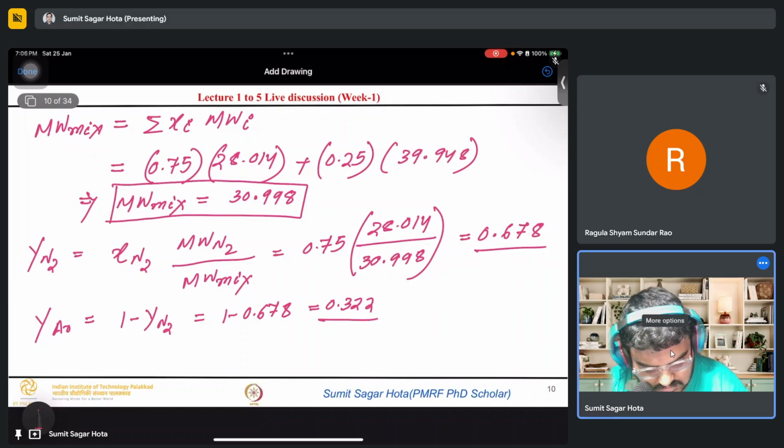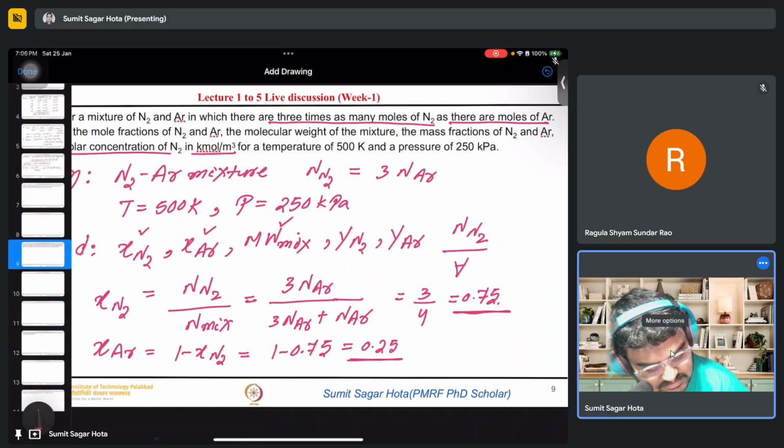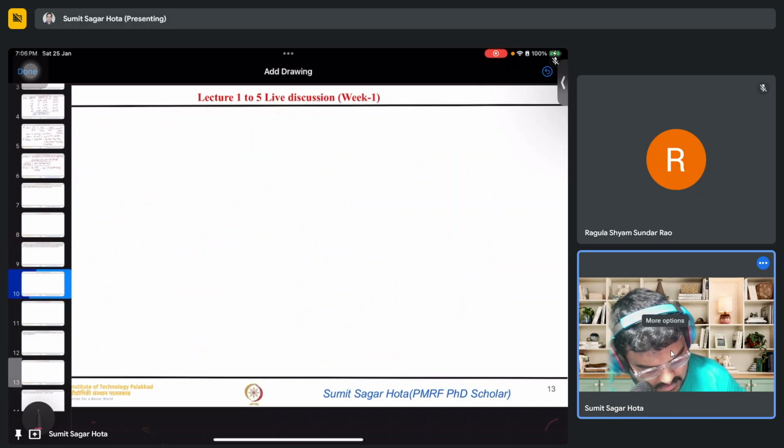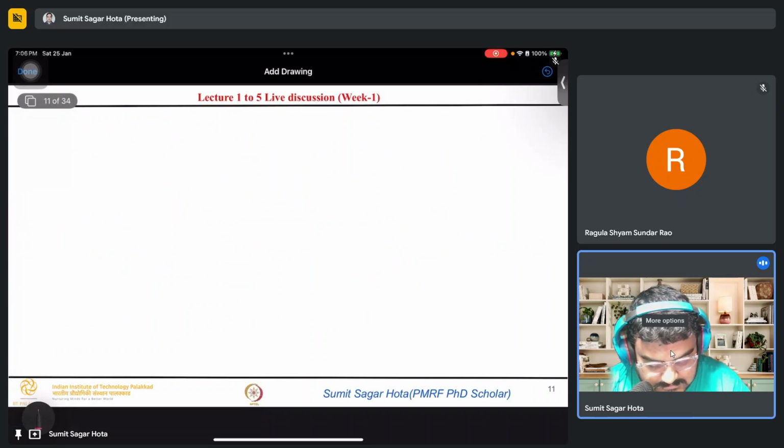Now only one bit is left, that is n of N2 by V. For that we need to apply the ideal gas equation, that is PV equal to nRT. Since it's for N2, just apply the ideal gas equation for N2.